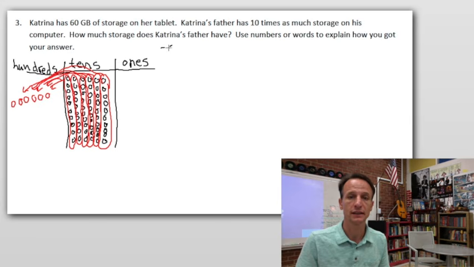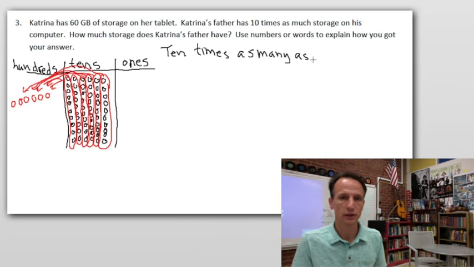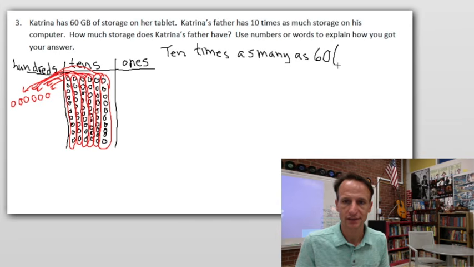So 10 times as many as, well, what did we start with? 60, right? Which we could also call, let's put this in parentheses here, 6 tens. Isn't that what we drew? We drew 6 tens.